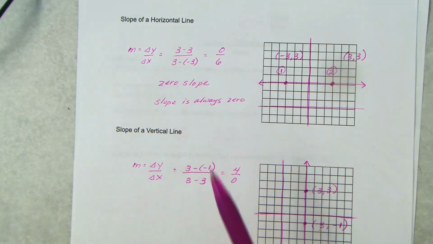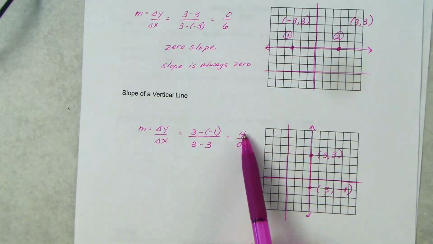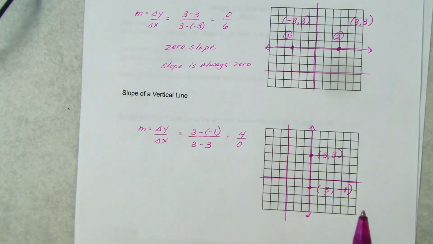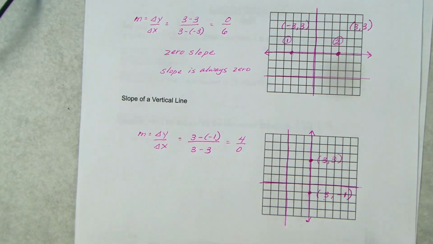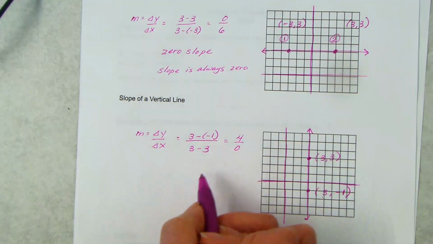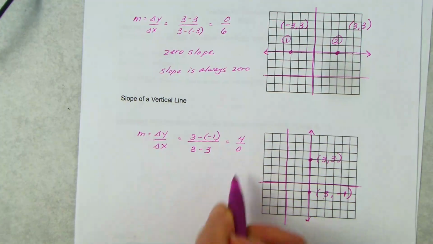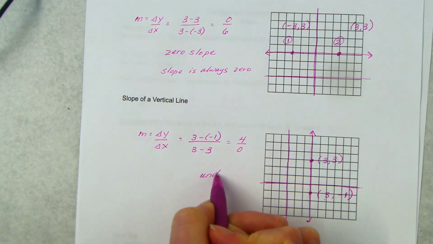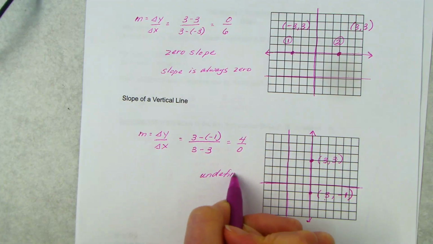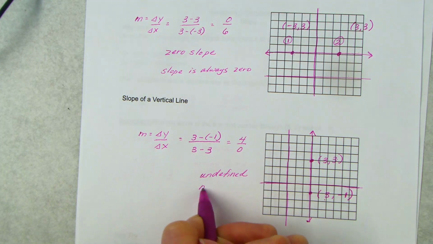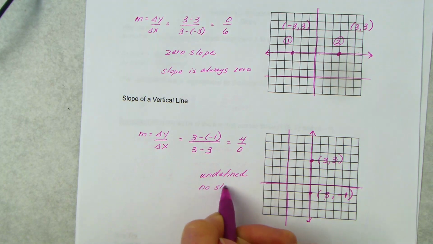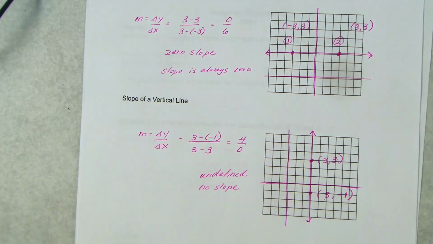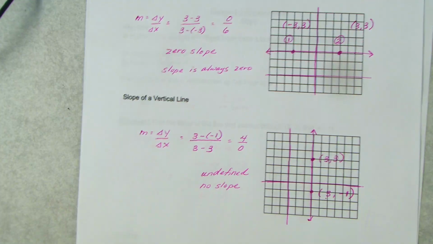We know that. When I try to do 4 divided by 0, I can't divide 4 by 0. I know you guys like to ask Siri what is a number divided by 0, and she has a funny answer. 4 divided by 0, we call that undefined or no slope. No slope is different than 0 slope.